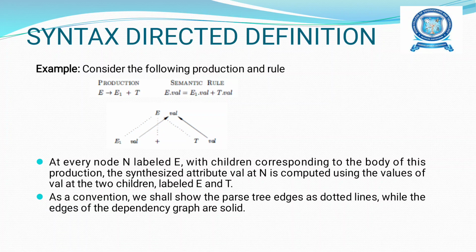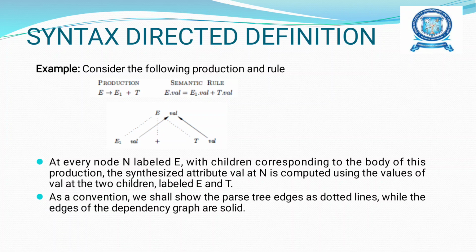So for example, the same example we already discussed, E implies E1 plus T. So it is an action where the left side expression's value is calculated from the sub-expressions E1 and T. So E dot val is equal to E1 dot val plus T dot val.